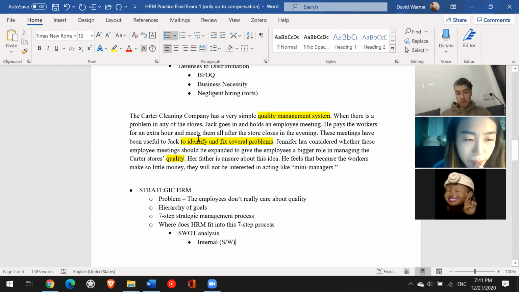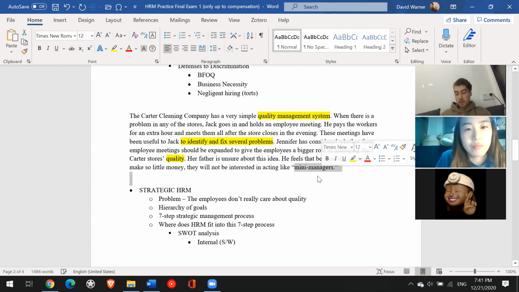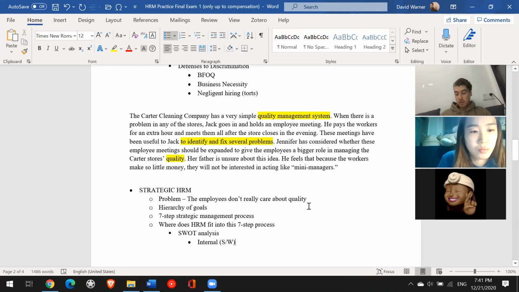So if Jack and Jennifer want to have high quality, they want to fix problems, they want people to be mini managers, right now they don't have any way of knowing which employees are suitable for this. Not everybody's suitable for everything, but if you have some sort of HRM feature in your company, then you have a good idea of what your strengths and weaknesses are in terms of your people.